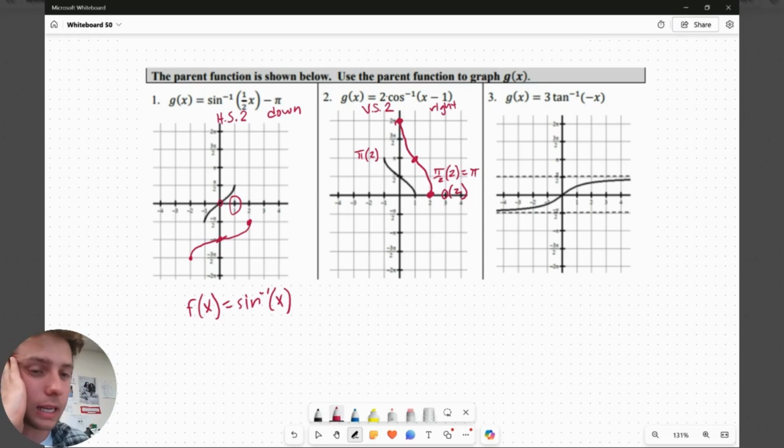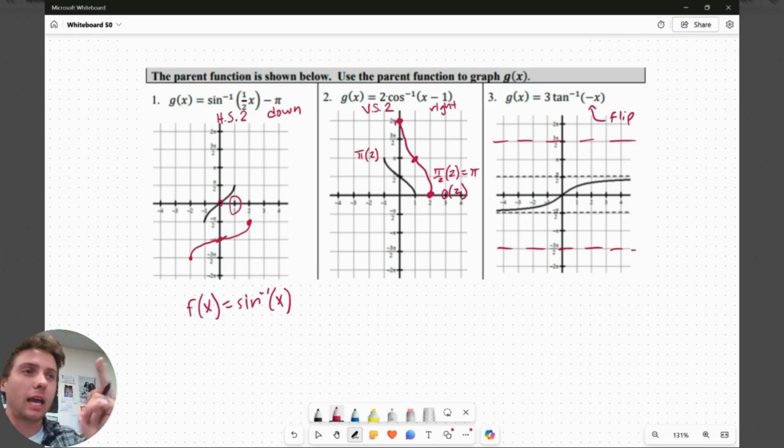Same thing for tan inverse. You can apply similar arguments for that one. Vertical stretch of 3. So pi halves times 3 is 3 pi halves. Negative pi halves times 3 is -3 pi halves. The negative on the inside, that's a flip or a reflection, remember. It's on the inside that affects the x values.